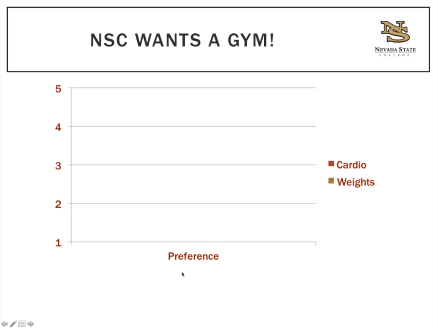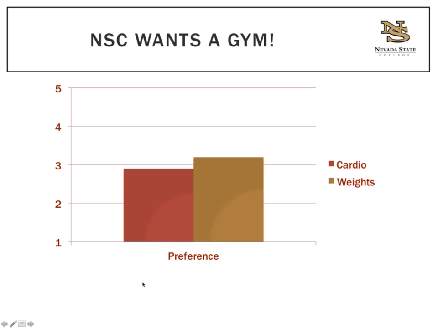So we'll just call it that preference. So let's say that what you found is that participants on average liked or used the cardio machines about, even. So 3, almost a 3 out of a 1 to 5 scale, and very similar for weights, just above a 3 on a 1 to 5 scale.